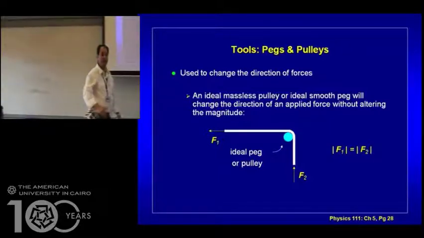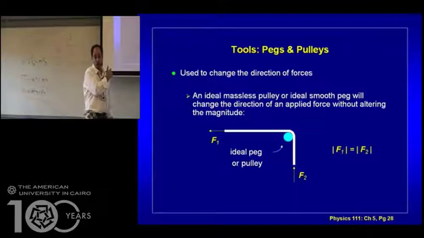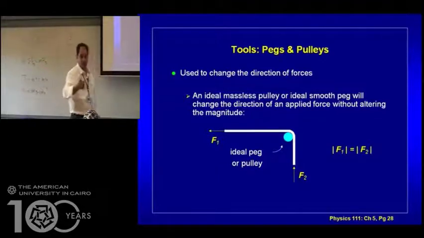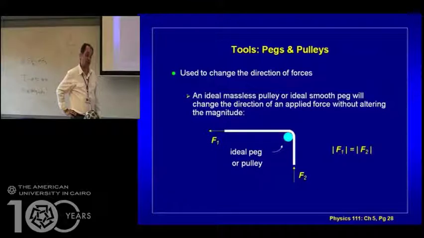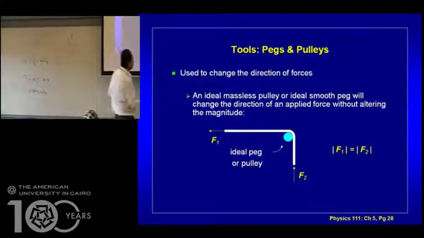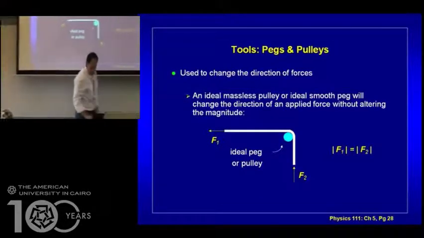That's what we're going to do. I'm going to assume that it has no friction and is very light. For now, when we go to chapter 12, we're going to change that. But for now, it's massless and frictionless, and all it does is change the direction of the force.